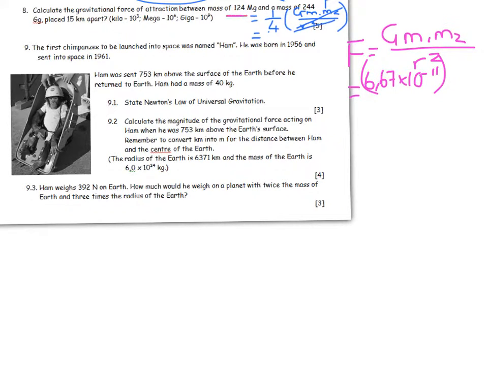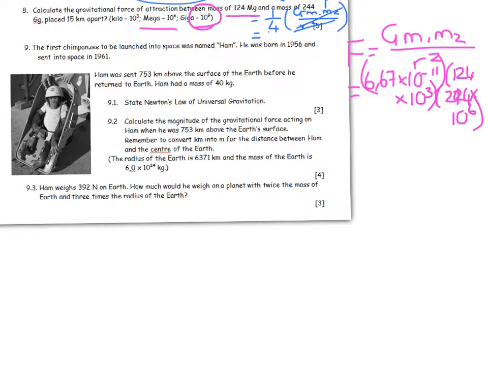The first mass is 124 megagrams, and they tell me mega is times 10 to the 6. Now the problem is we don't actually want to go to grams, we want to go to kilograms. So I now need to change this very slightly, and I need to go from mega to kilo, which is only times 10 to the 3. So I'm going to go 124 times 10 to the power of 3 and 244, and it's going to be times 10 to the power of not 9, it's 10 to the power of 6.